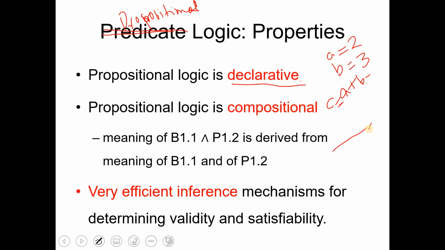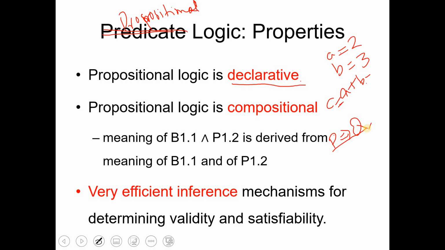It does not depend on others. Another example of a declarative language is mathematics. Normally we write formulas which can be independent of each other. So propositional logic is a declarative language. Each sentence is evaluated separately.